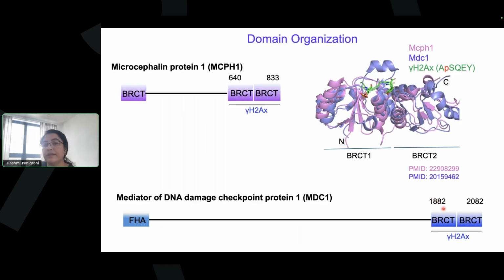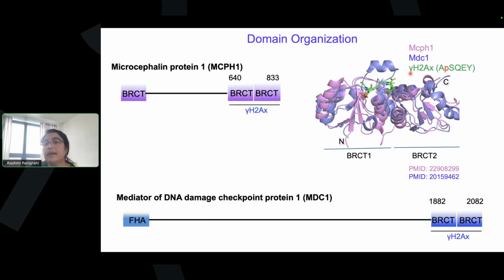Sequence-wise, they are quite different, but structure-wise, they are very similar, as you can see here. And the structures were solved by our lab and others. The structures are color-coded here: pink throughout the slide is for MCPH1 BRCT, and blue throughout the slide is for MDC1 BRCT.